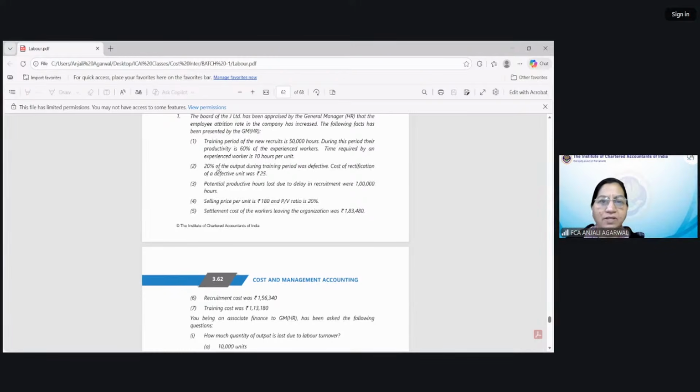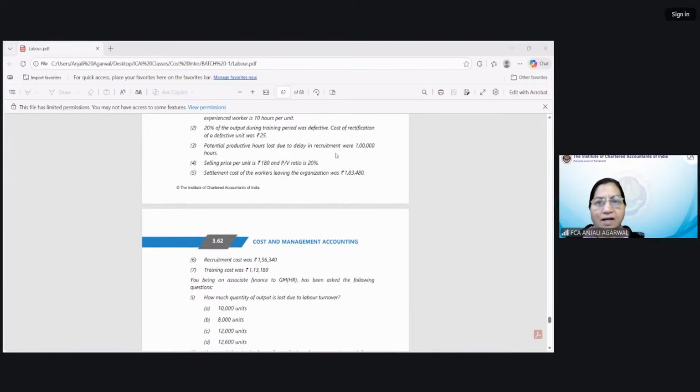And out of those 3,000, 600 were defective, which were recorrected with the cost of 15,000. Right. And total, that means 10,000 here and 2,000 there, 12,000 units into 36 is our profit foregone. Apart from that, settlement, recruitment, and training cost.